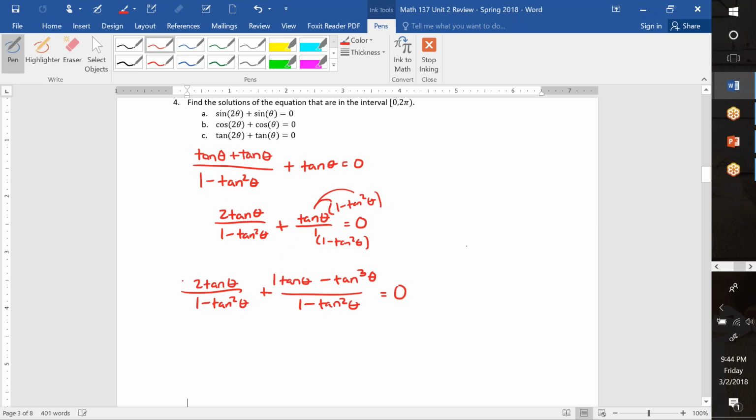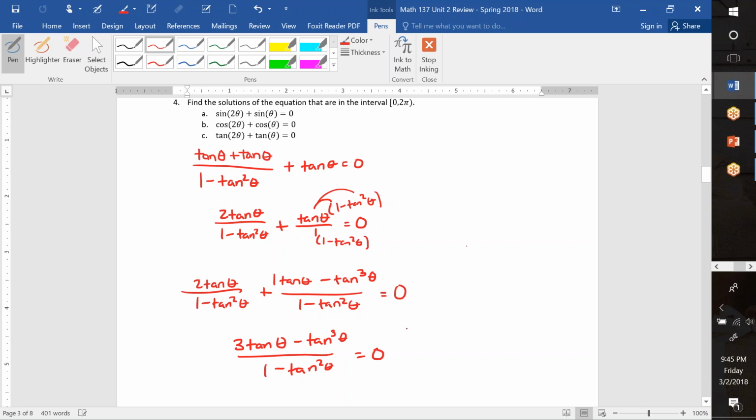I can combine like terms on top. There's a 1 tan theta and a 2 tan theta. So that's going to be 3 tan theta minus tan cubed theta all over 1 minus tan squared theta equals 0.